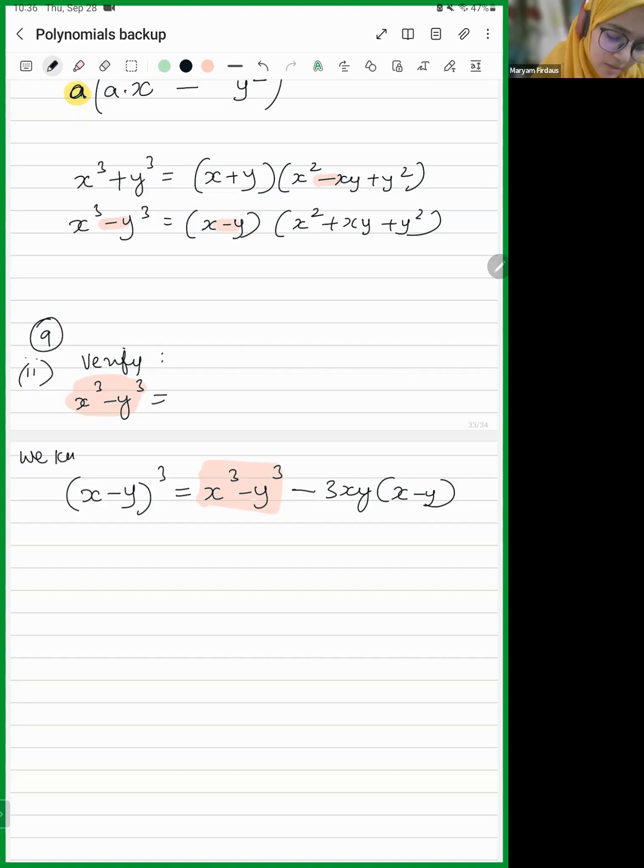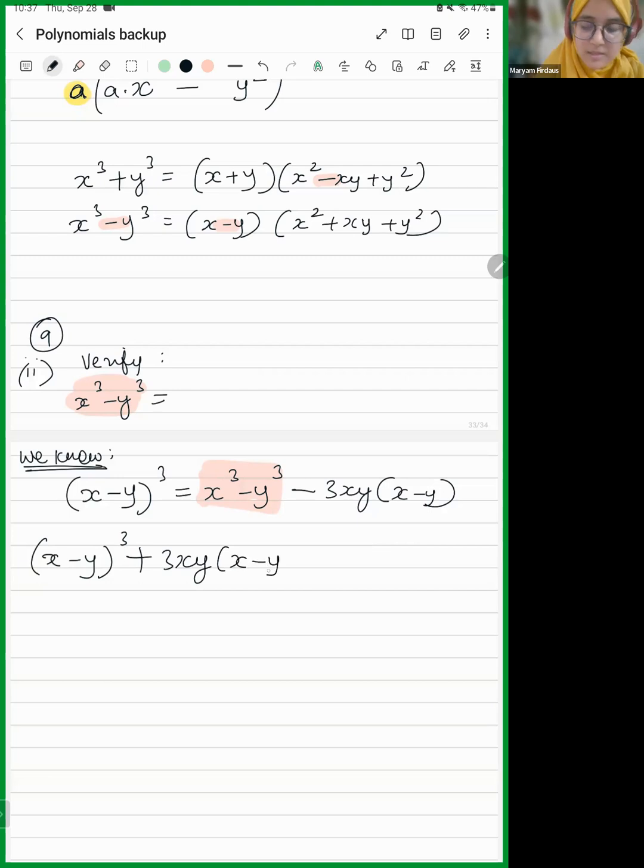We know that this thing, then from here, whatever you need on one side, this pink thing, keep it on one side. Everything else, take it to the other side. So it will become x minus y whole cube. Now, since this is minus 3xy, this term is being subtracted, it will become plus 3xy over here.